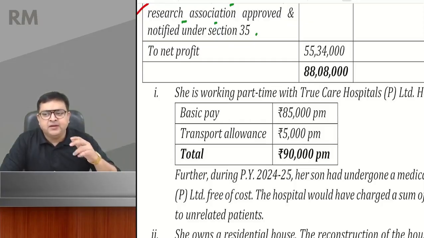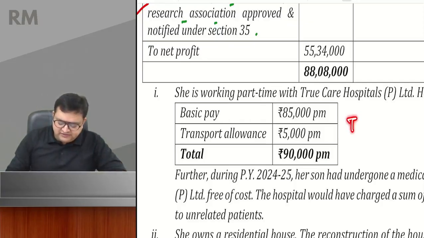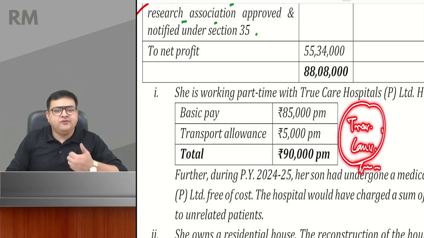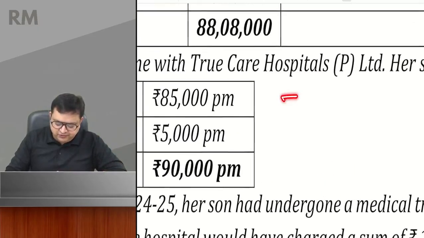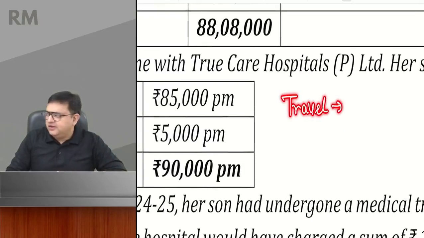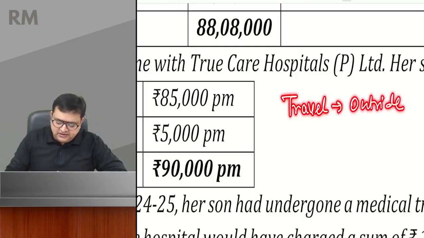Correct. But transport allowances, what is transport? I told you that there is traveling allowance, there is conveyance allowance, there is transport allowance. Traveling and conveyance are for official purpose. Traveling expenses means outside the city.